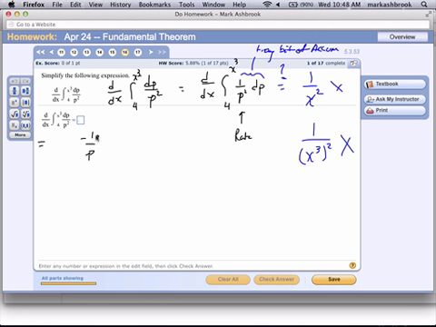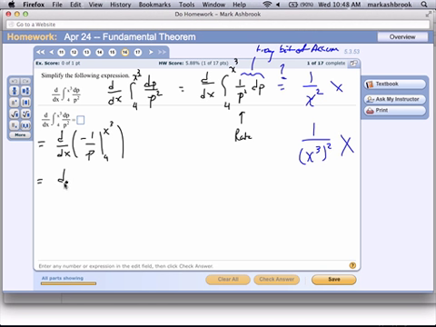Right, negative p to the negative 1. I'm going to write that as negative 1 over p. Is that okay? And then we're going to evaluate that from 4 to x cubed. And then when we're done doing that, we're going to take the derivative.